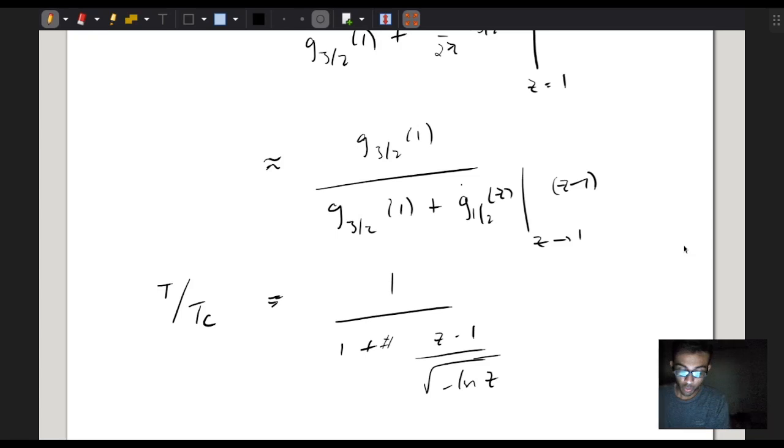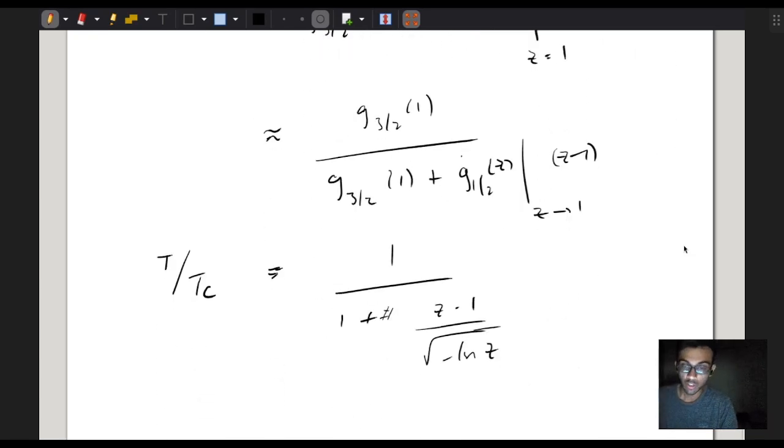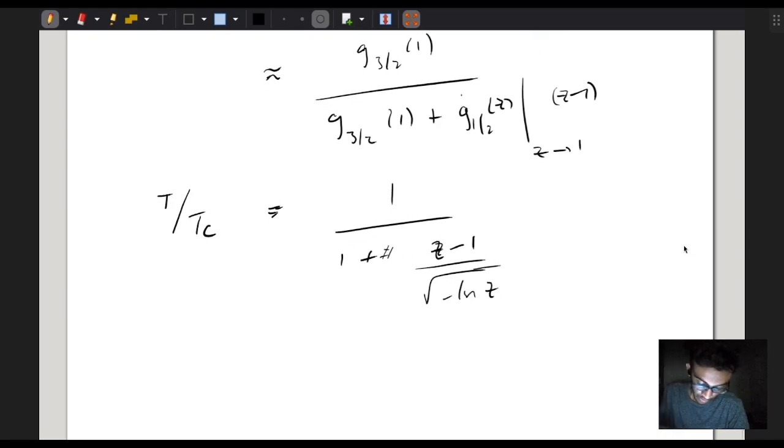Near z equal to 1, this is a small quantity. So this whole quantity will turn out to be as small as you take z to 1. So you can expand this and find t in terms of z. So you can get t minus tc in terms of z.